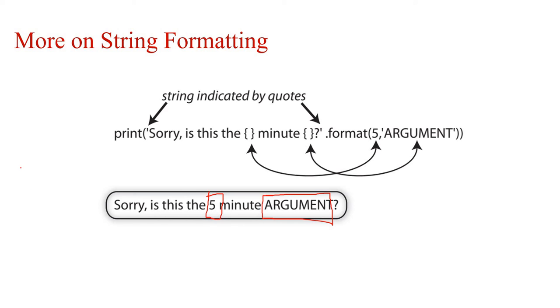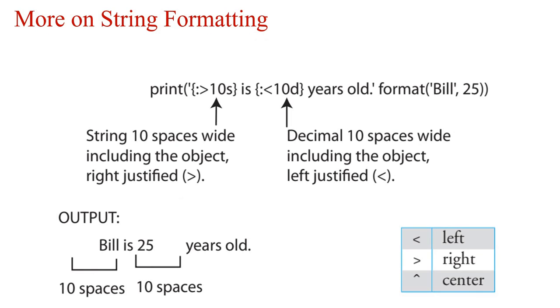But we can do more in formatting. Let's look at this. This is where you want to give particular spaces to your string or integer, right? So this 10, let's look at each of these.